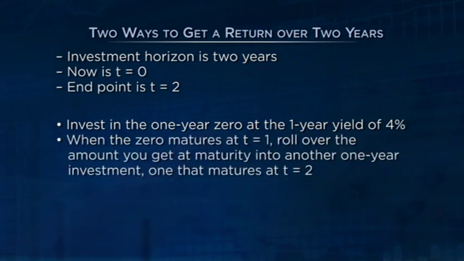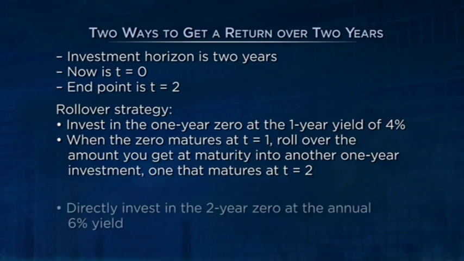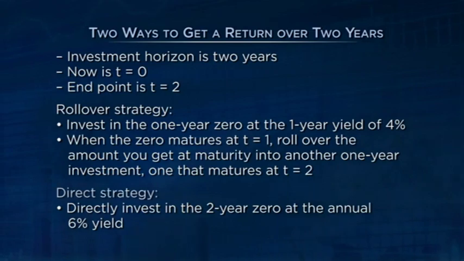Then when that zero matures at t equals 1, roll over the amount that you get at maturity into another 1-year investment that matures, say, at time t equals 2. Let's call this the rollover strategy. The second way is just to directly invest in the 2-year zero at its annual 6% yield. Let's call this the direct strategy.